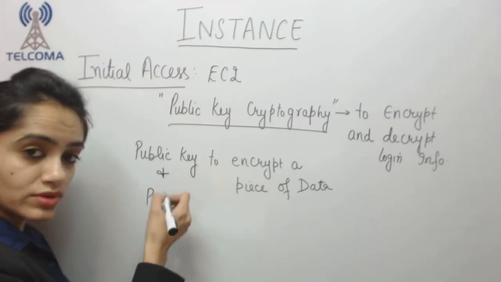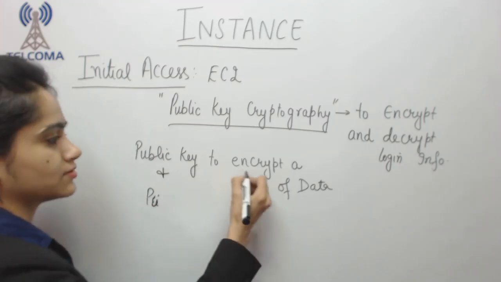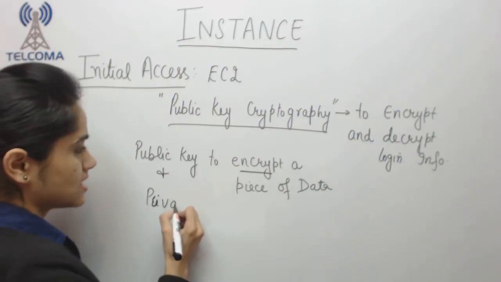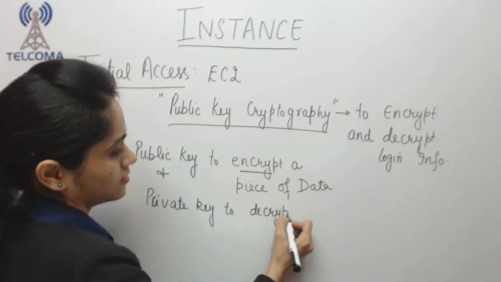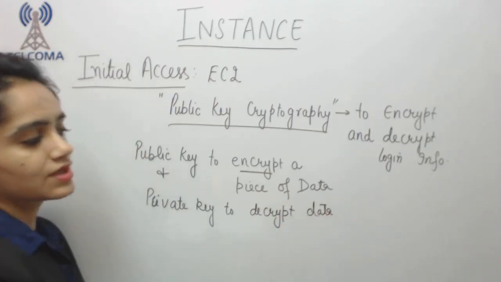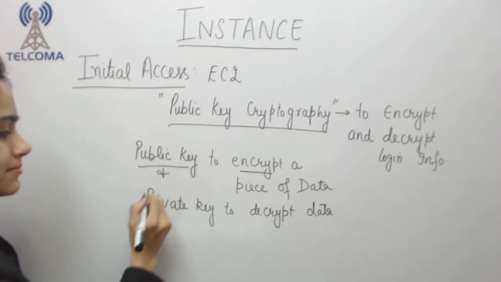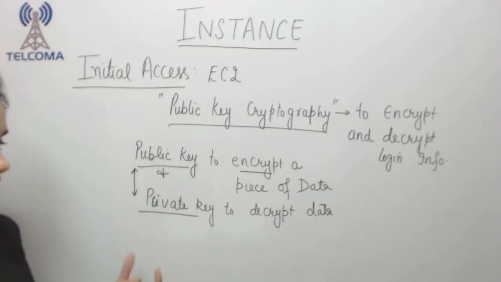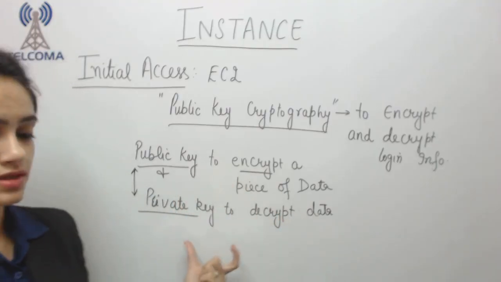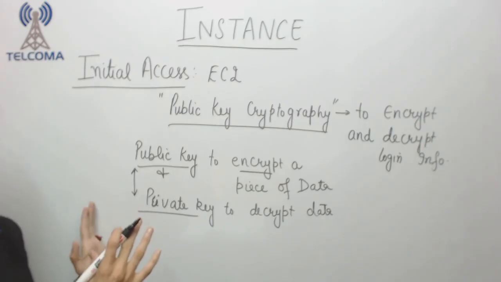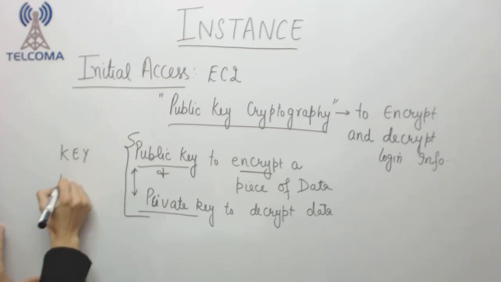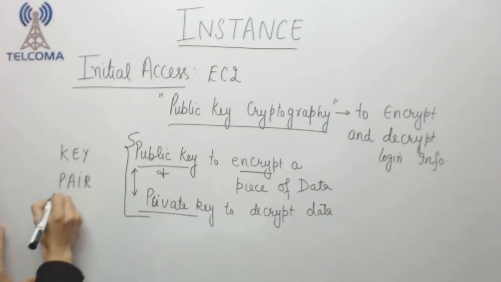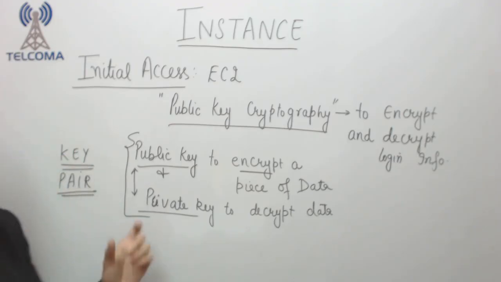Public key and private key are both associated, but the public key we use to encrypt a piece of data, whereas the private key is used to decrypt data. So basically, cryptography uses a public key and a private key, both associated. We use the public key to encrypt and the private key to decrypt data. These keys together form a key pair.